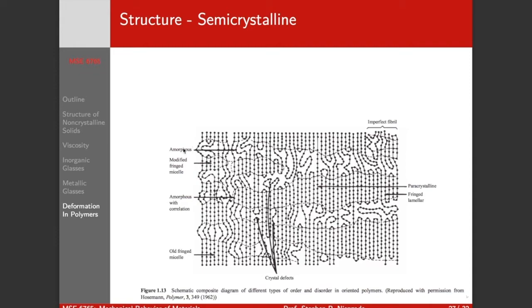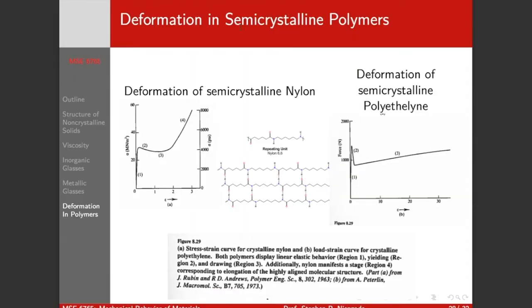We can have a whole bunch of other defects: imperfect fibrils, folding errors, amorphous regions that have short-range order, like the crystal, highly correlated short-range order. But this is just kind of a reminder of the structure.